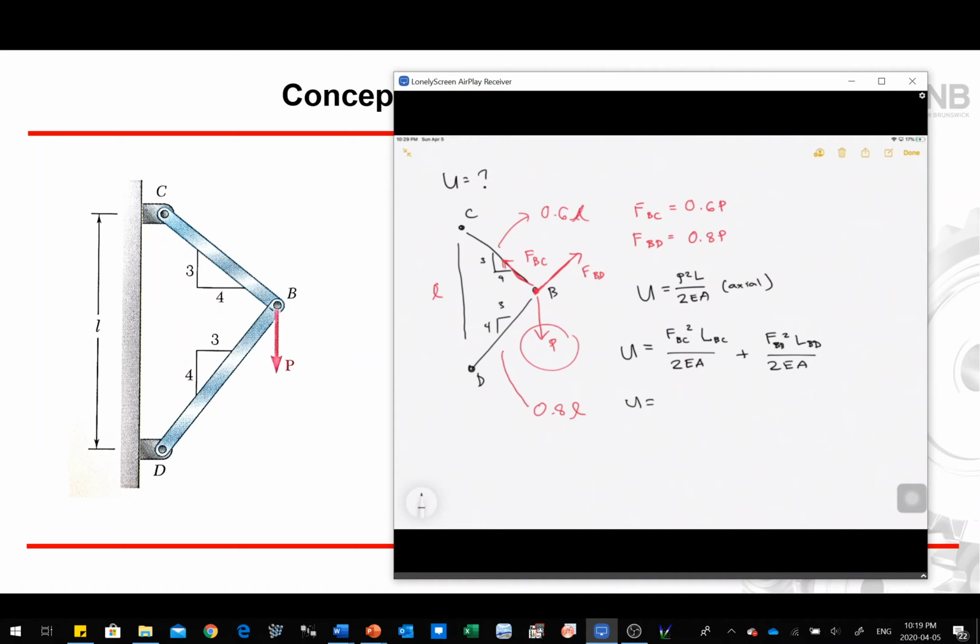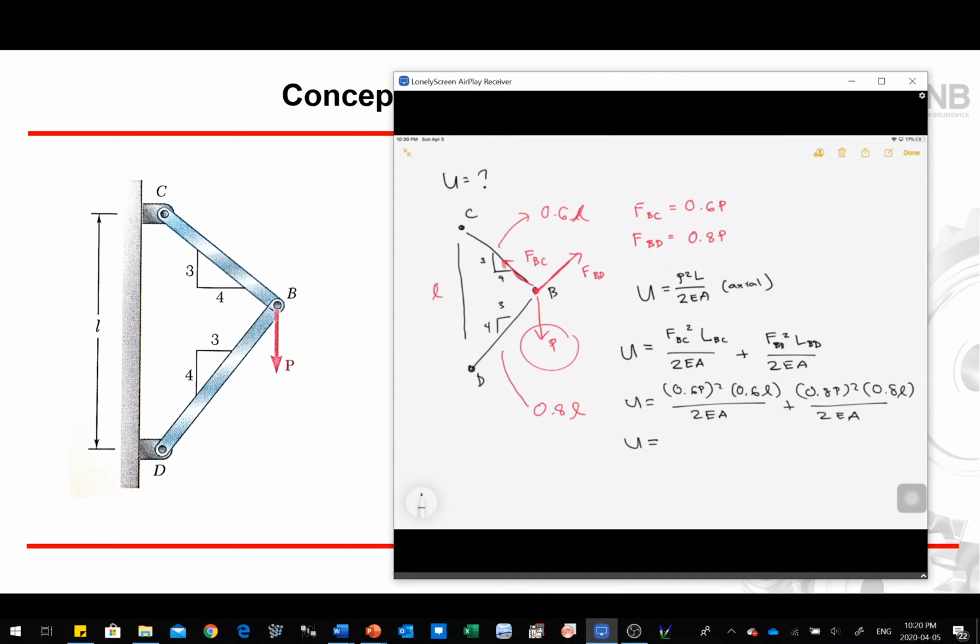So our FBC is 0.6 P squared, LBC is 0.6 L divided by 2EA, plus FBD squared, so that's 0.8 P squared, 0.8 L divided by 2EA.